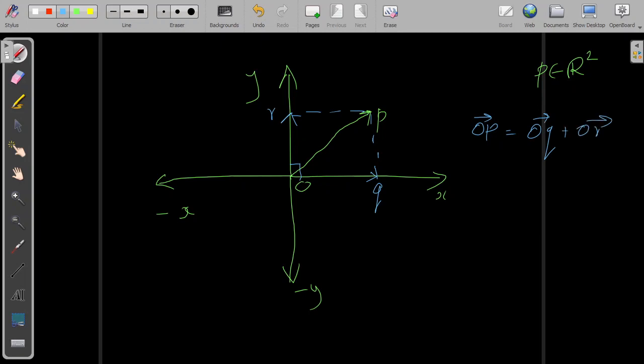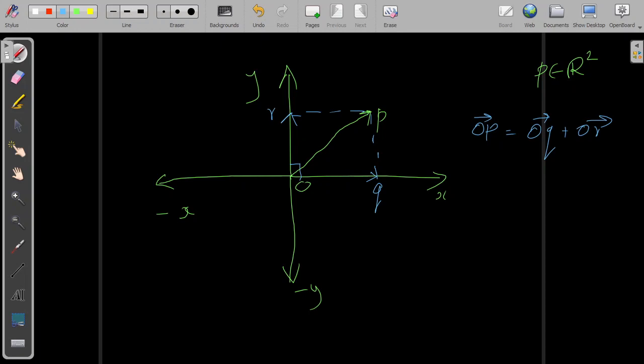These are known as the orthogonal projections of vector OP.